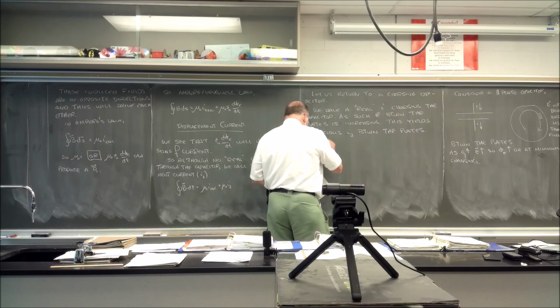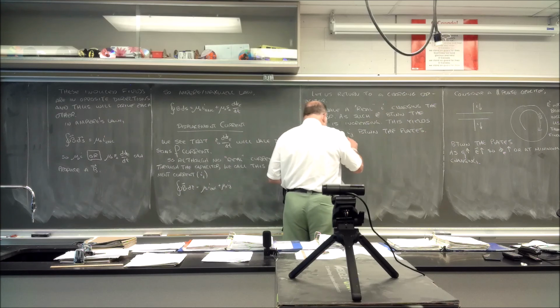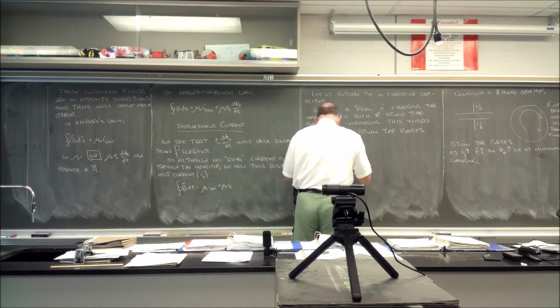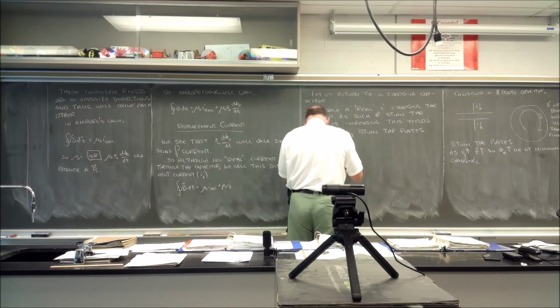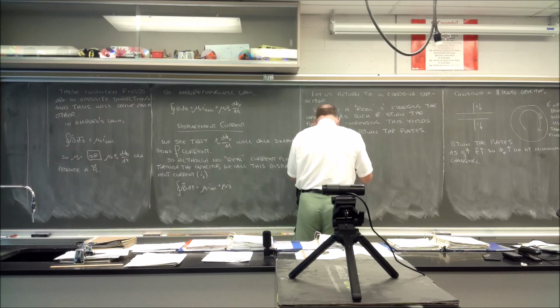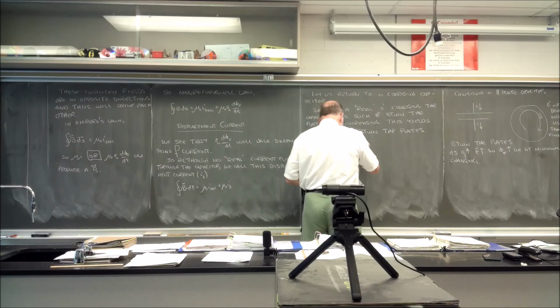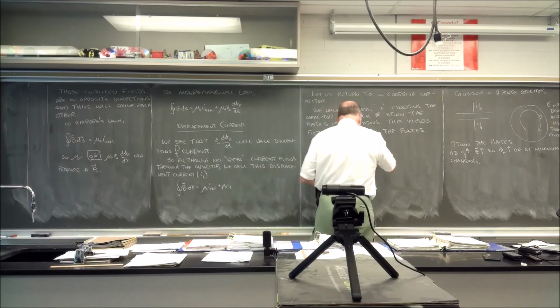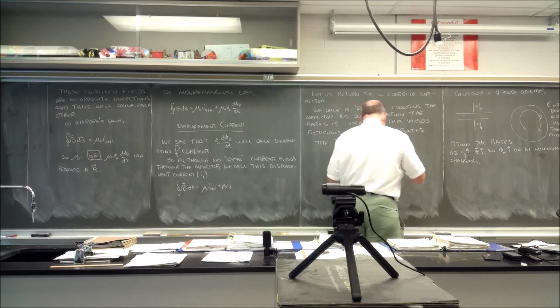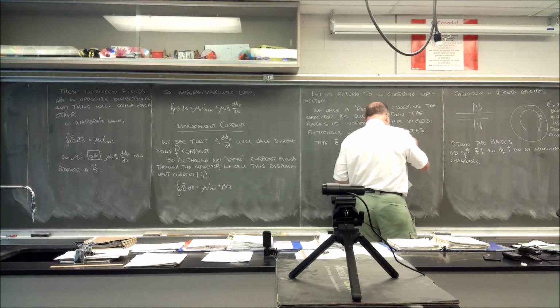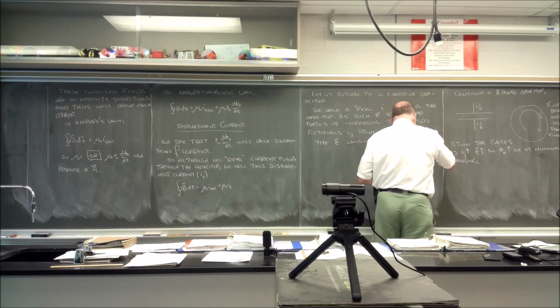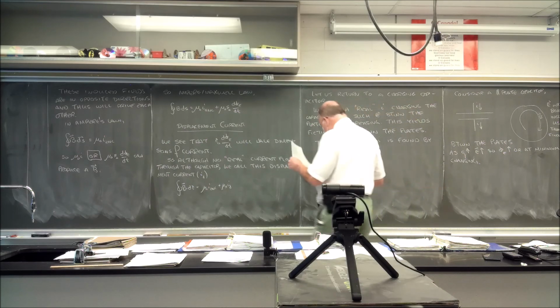The magnetic field due to, or causing I, is found by the right-hand rule.